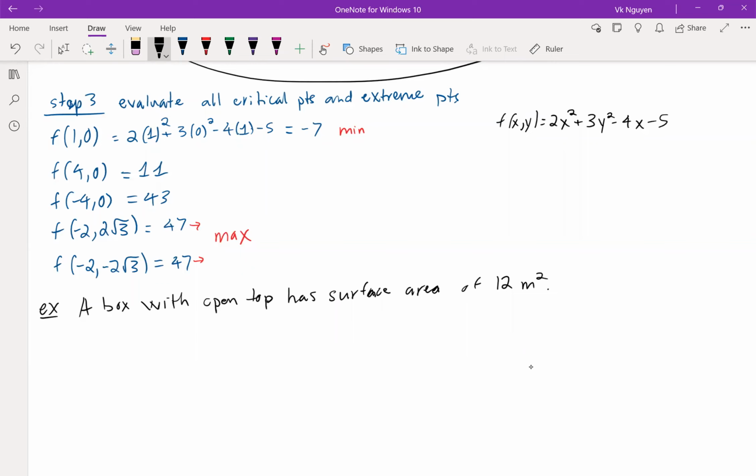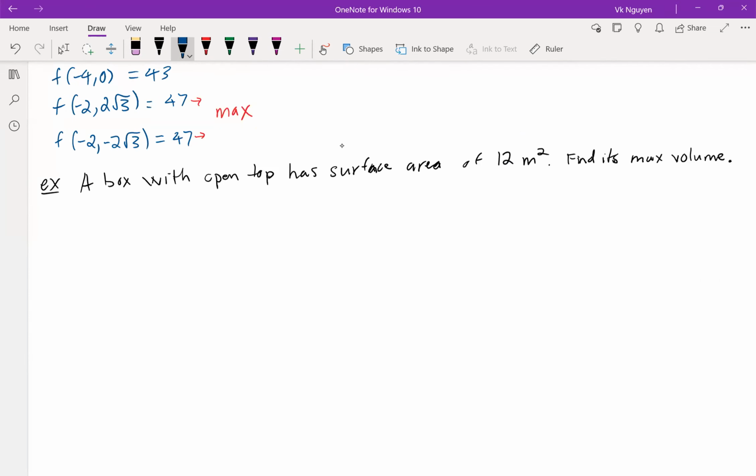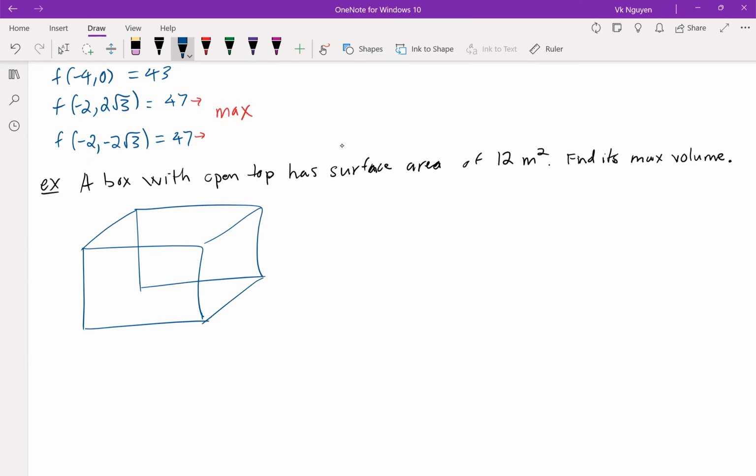Find its max volume. It's going to be 4.